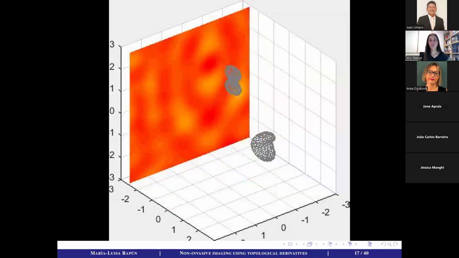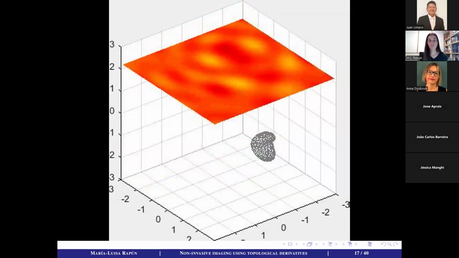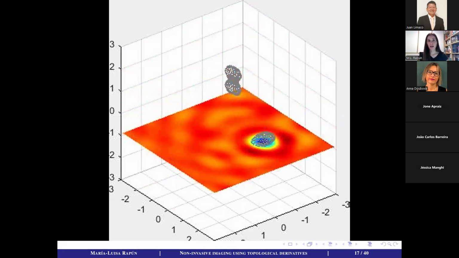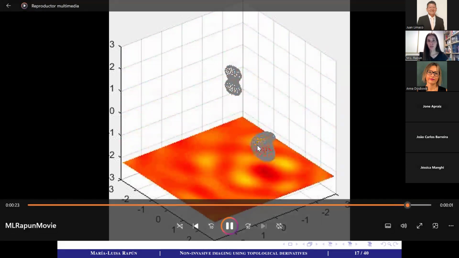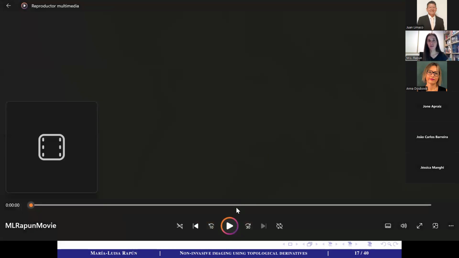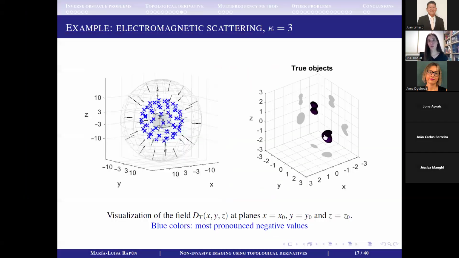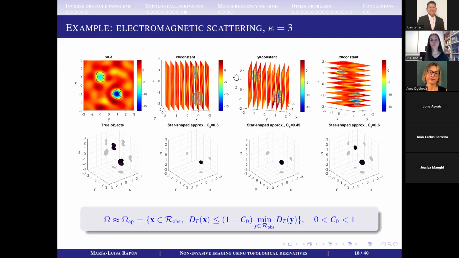So in these regions, it's supposed to have some object. Again, and these are the other planes. And you can see that the largest negative values, the darkest blue colors, correspond with some interior regions of this object, which is the biggest in size. Okay, so these are some captures of my movie.